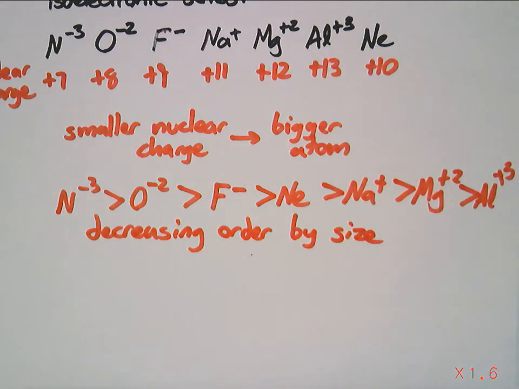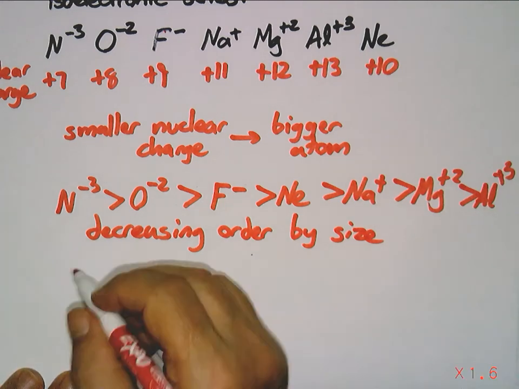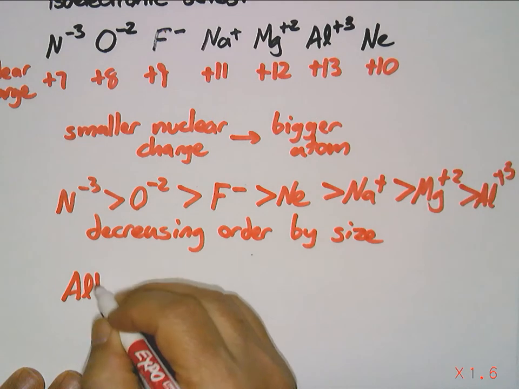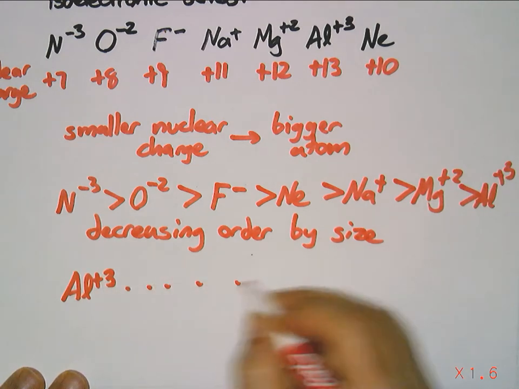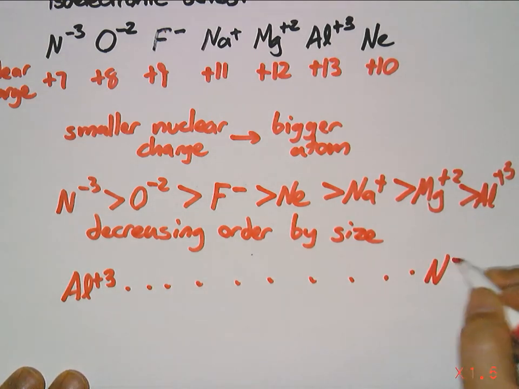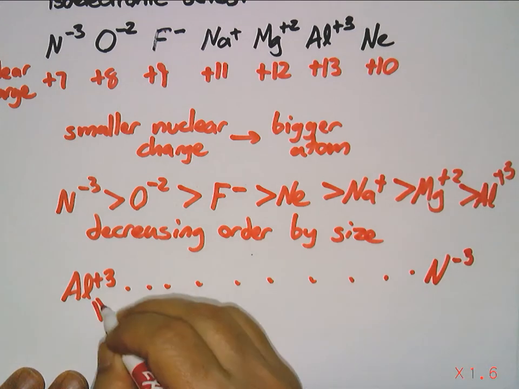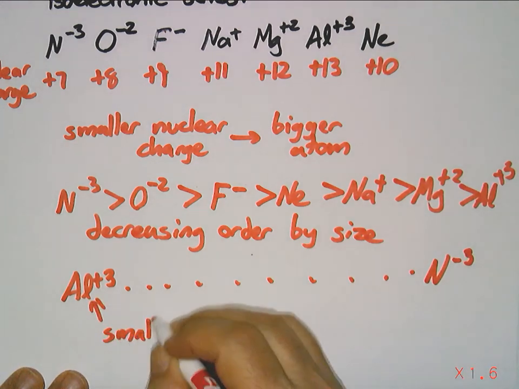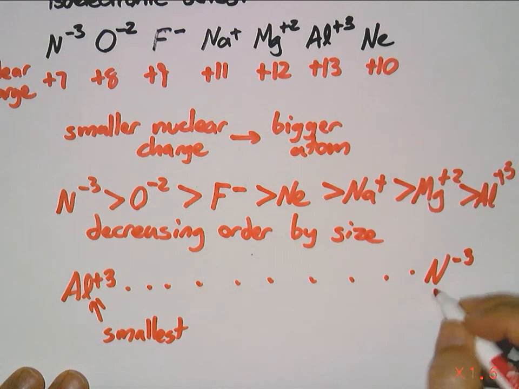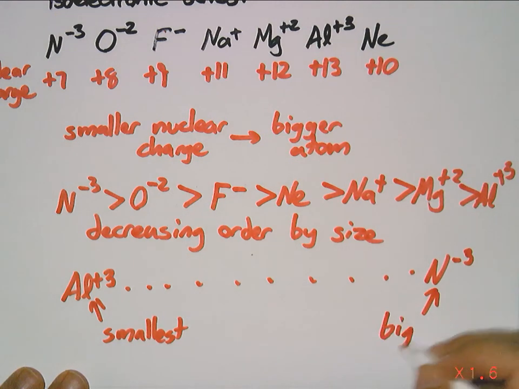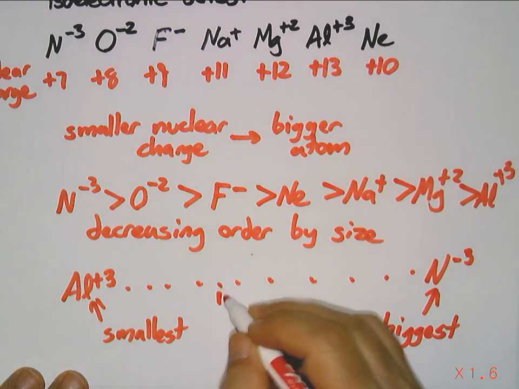If the question had asked me increasing order, I need to do that backwards, right? I want to put the smallest one first, and the biggest one last. That would be increasing order.